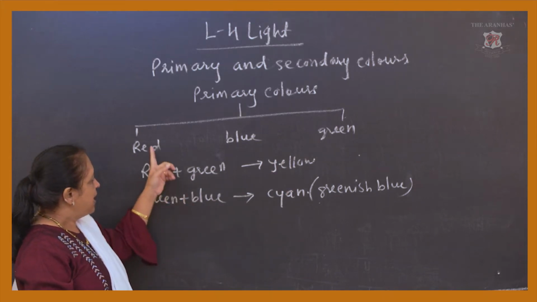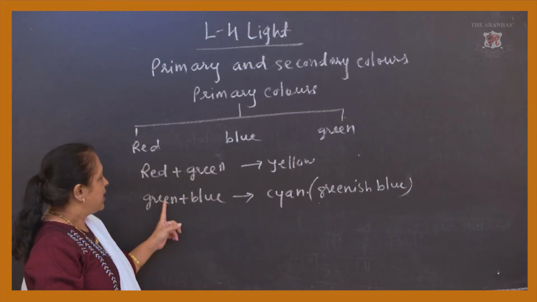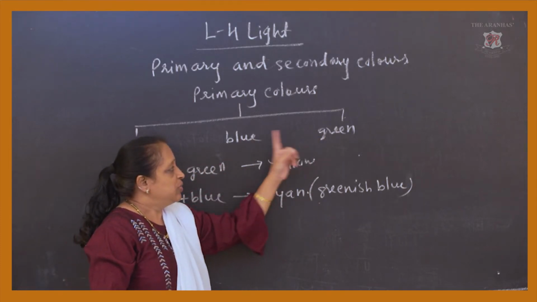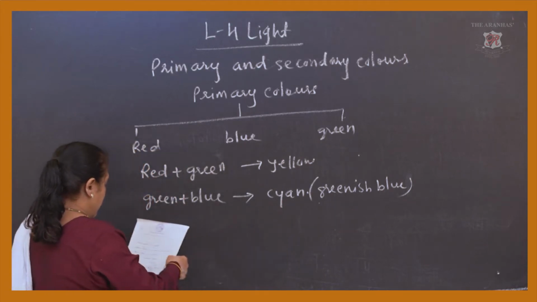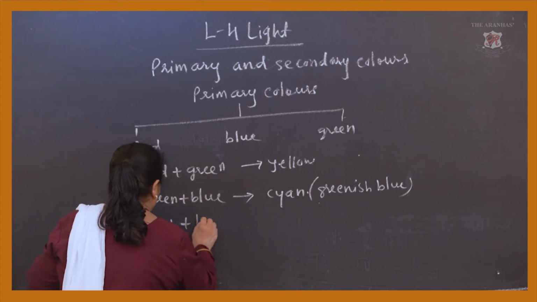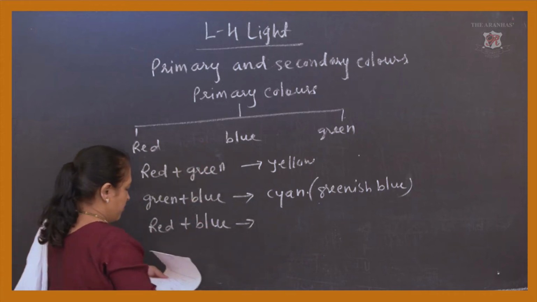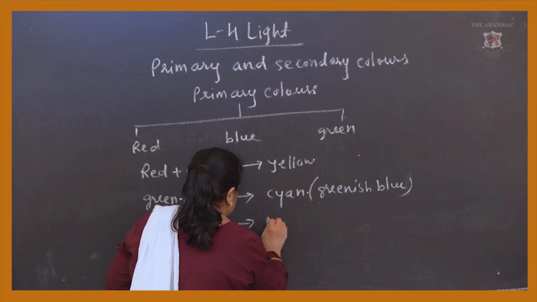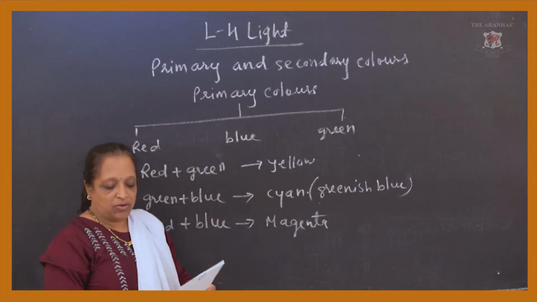See, we have seen red and green, we have got yellow, then we have got green and blue, where we are having the greenish blue color and the technical term for that is cyan. Then red plus blue, we are getting the magenta color. Okay.